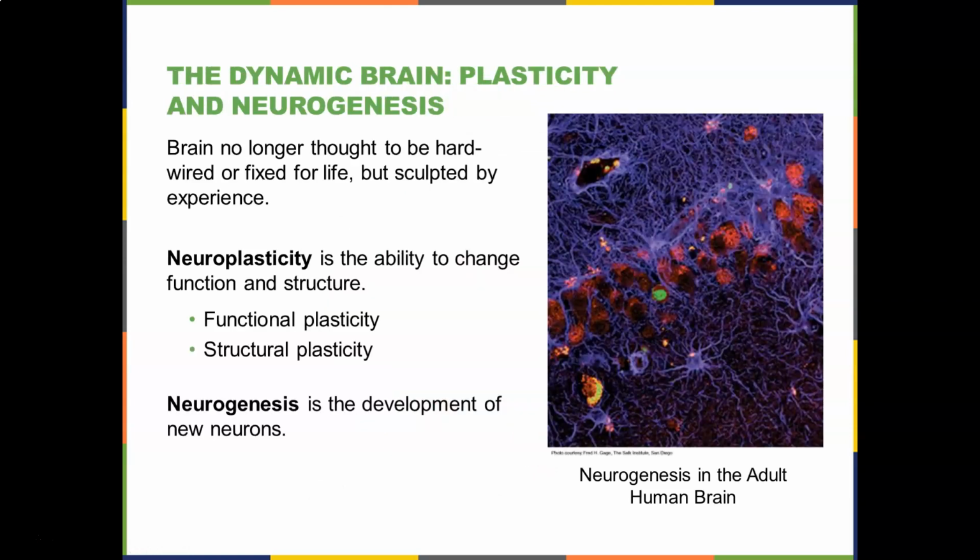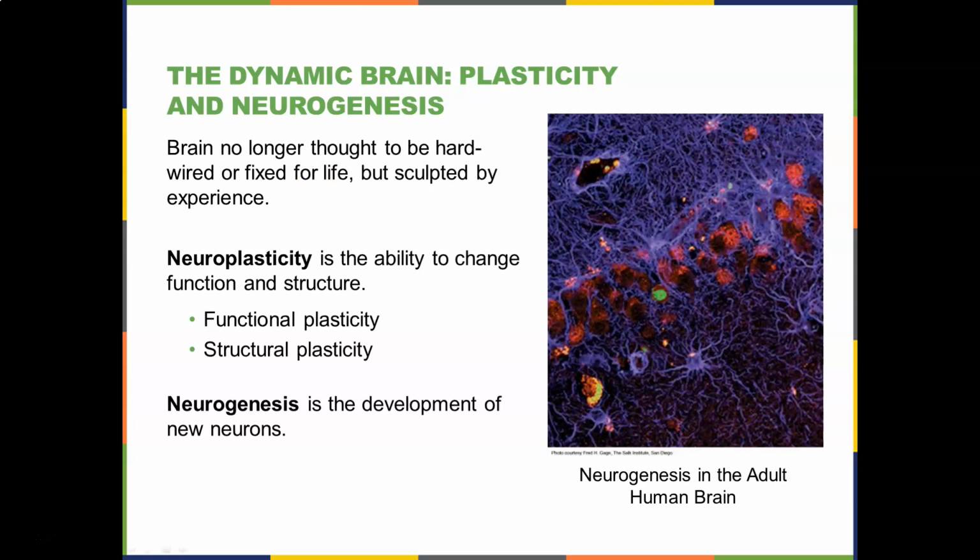So a couple things to understand here about the brain. Now the brain can constantly change both in structure and function. So if one part of the brain is damaged, then another part can take over, and it can function differently.